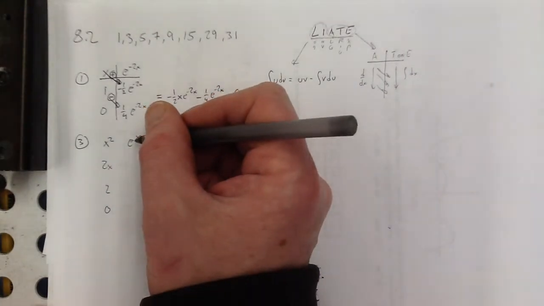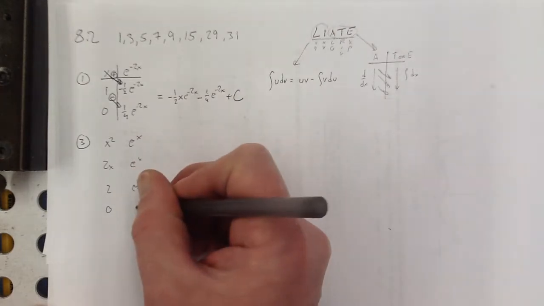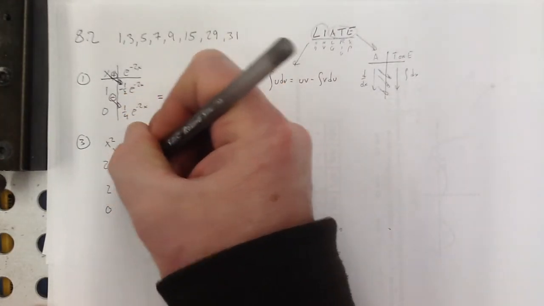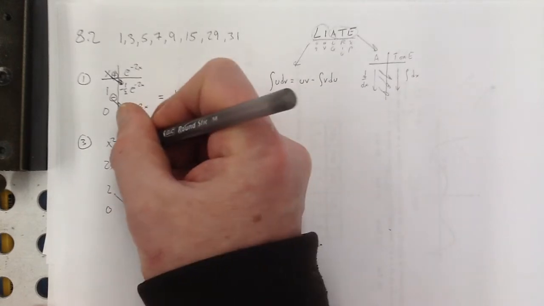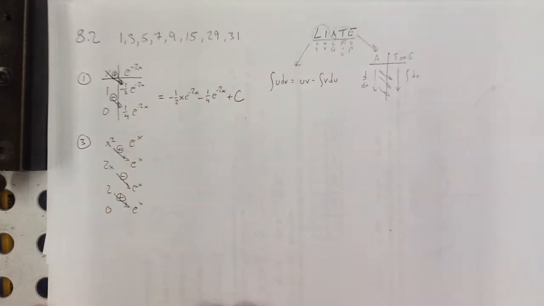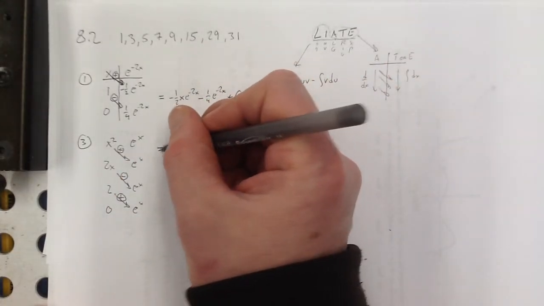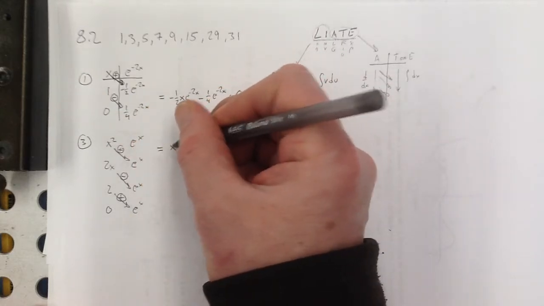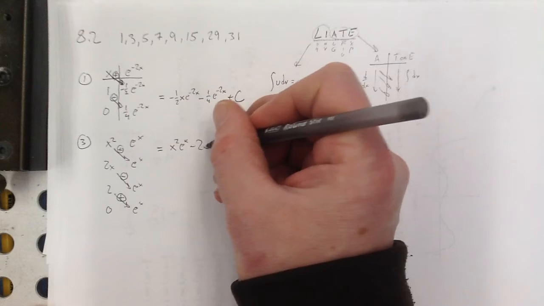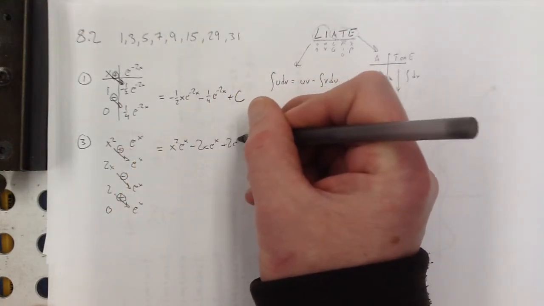And then take my antiderivatives here, which are just all e to the x. Don't forget to play the switching signs game, plus, minus, plus. So let's see what we have here. My antiderivative is x squared e to the x minus 2x e to the x plus 2e to the x.